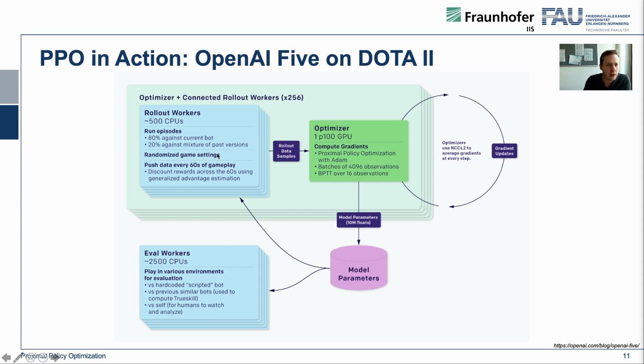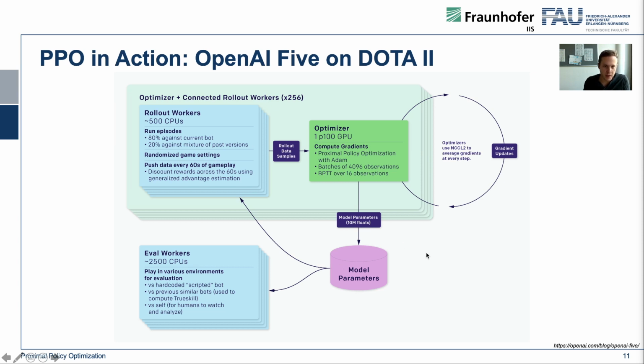And what you see in here, you can run everything asynchronously in practice. So you have a bunch of rollout workers that usually use CPUs to collect experiences using the current policy. And if you have all the experiences gathered from your policy, you can just collect all the rollout data and run your optimization using stochastic gradient descent on a single GPU machine.